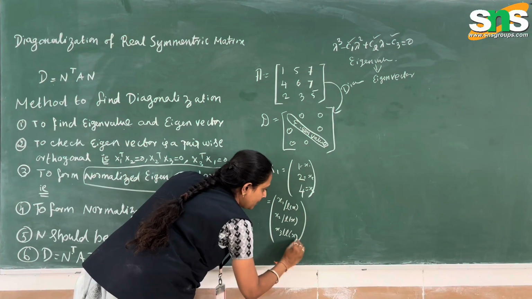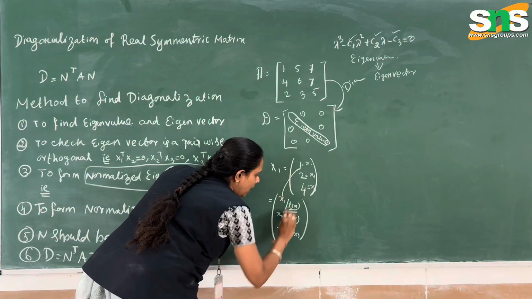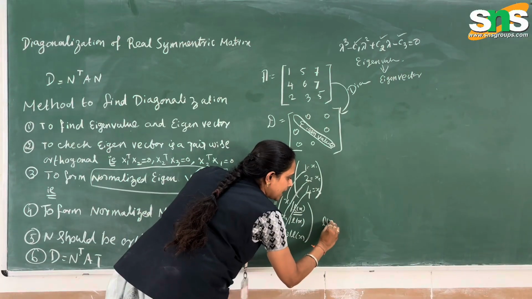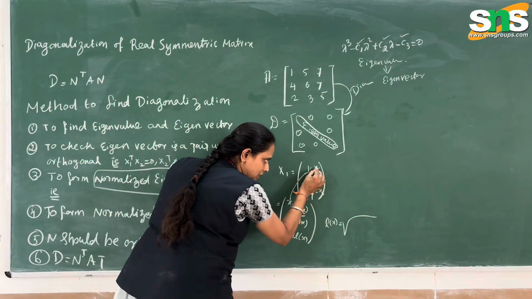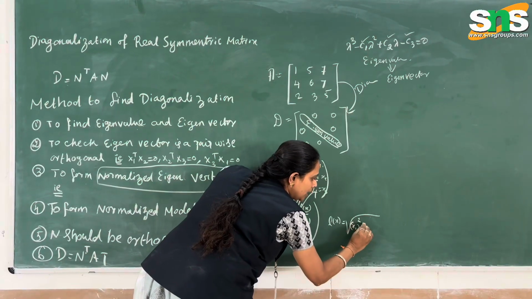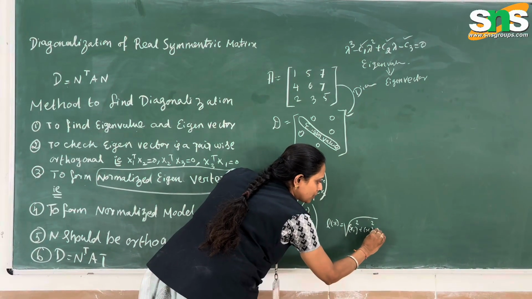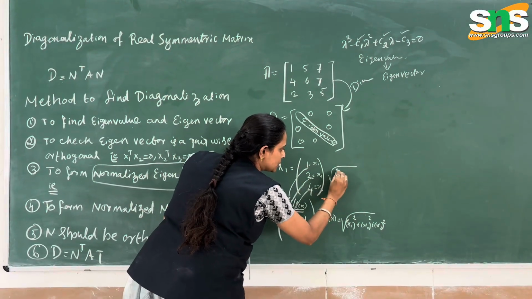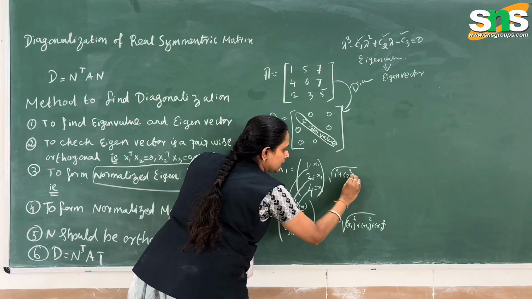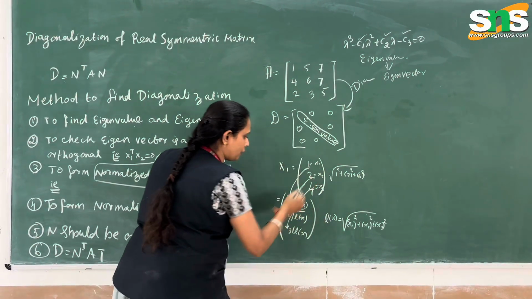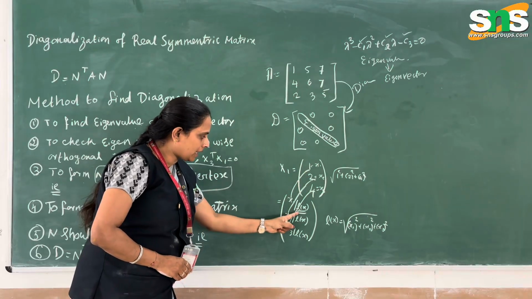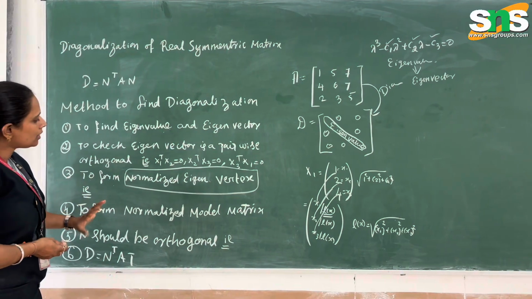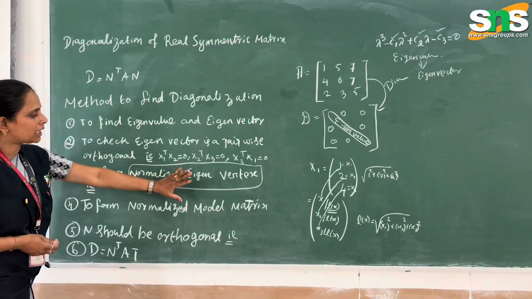Here x1 is 1, x2 is 2 and x3 is 4. L of x is the square root of x1 square plus x2 square plus x3 square, that is root of 1 square plus 2 square plus 4 square. Then we divide 1, 2 and 4 by L of x. This is the normalized eigenvector form.